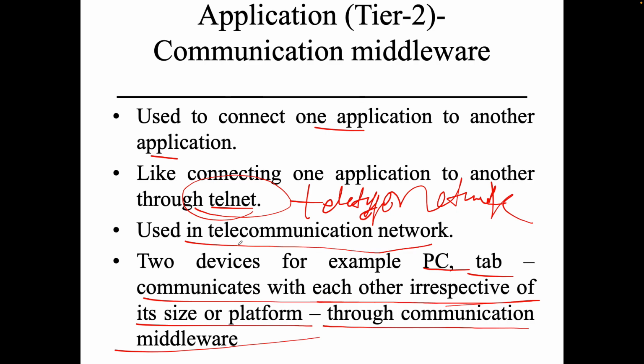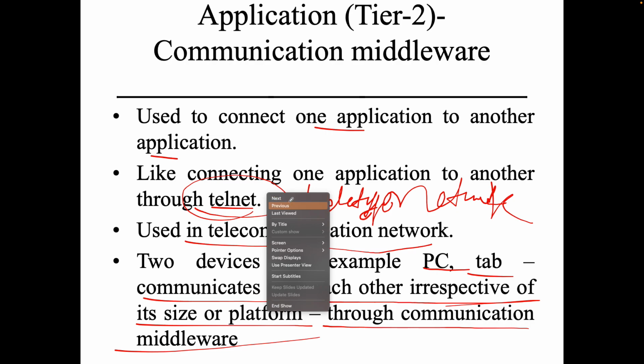Telnet can be used to communicate between them. An example: your printer and your laptop communicate when you send a printing job and its status is sent back to your PC or laptop.